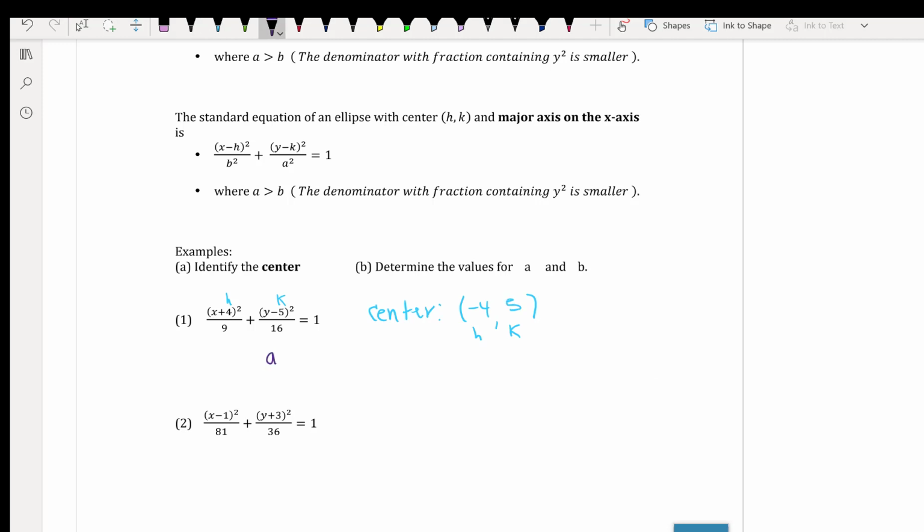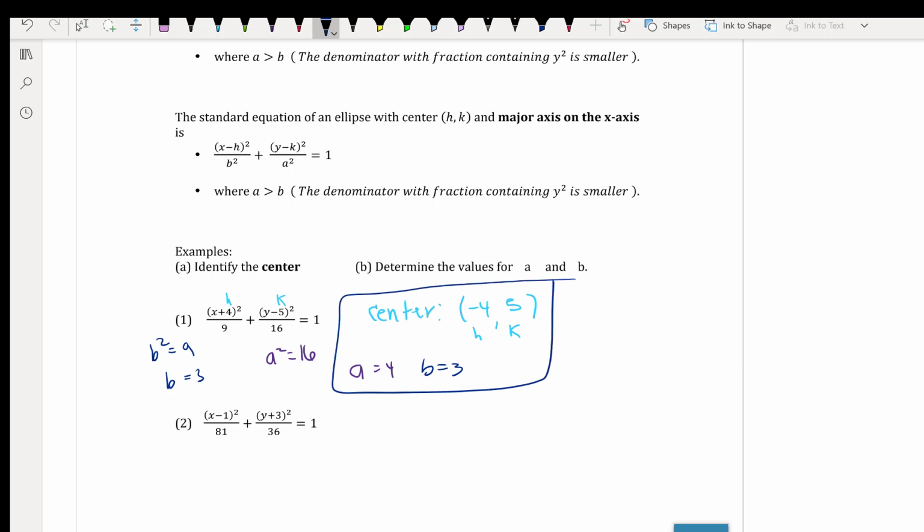And I also know that the a squared value is going to be the bigger denominator. So that's going to give me 16. So that tells me that a is equal to 4. Which means that b squared is equal to 9, so that b is equal to 3. So that is going to be my final answer.